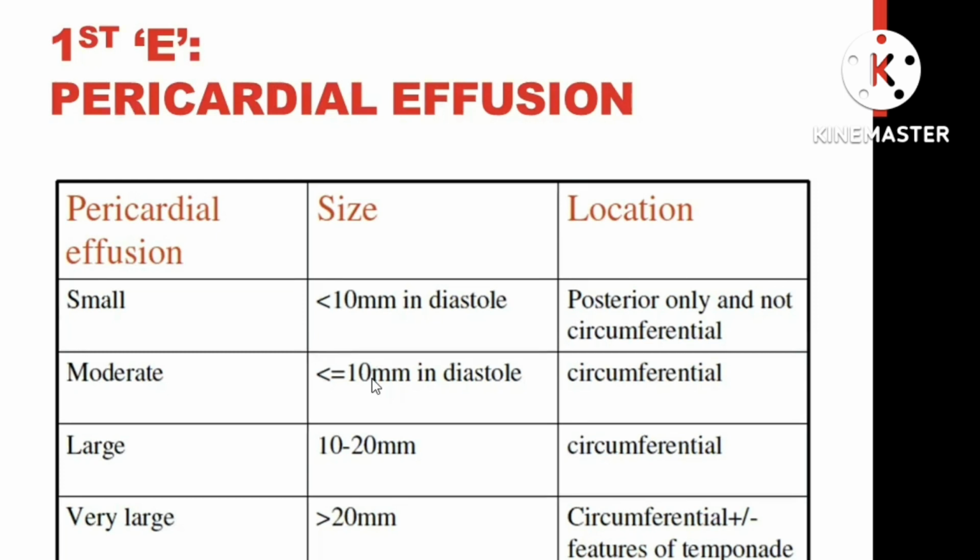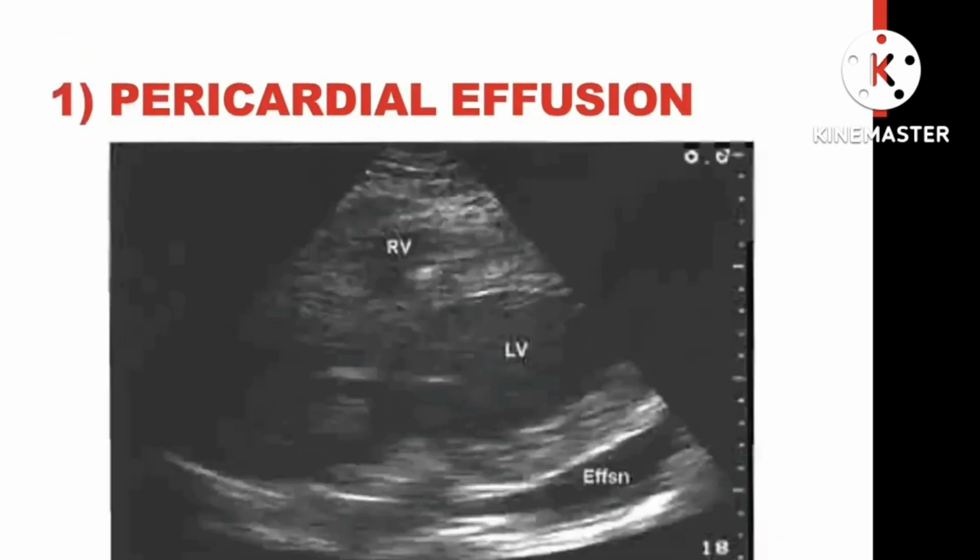The size sometimes will determine the clinical status. If it's acute, it will determine the hemodynamic status of the patient. But if it's chronic, a very large pericardial effusion will not lead to tamponade. So we need to decide not only on the size, but on the clinical status of the patient.